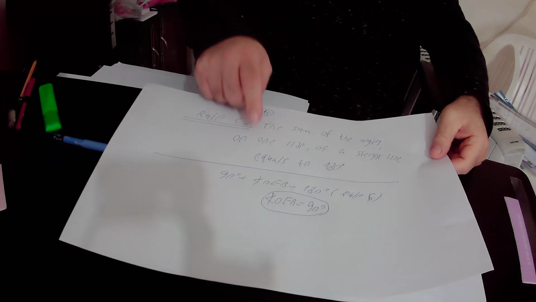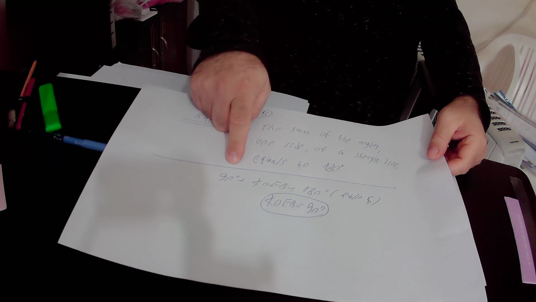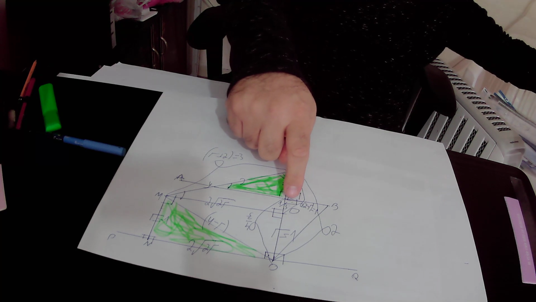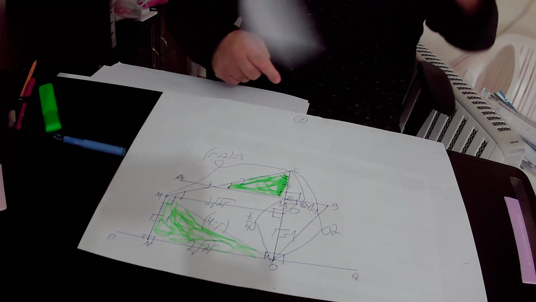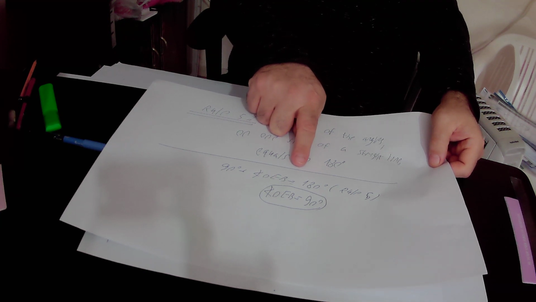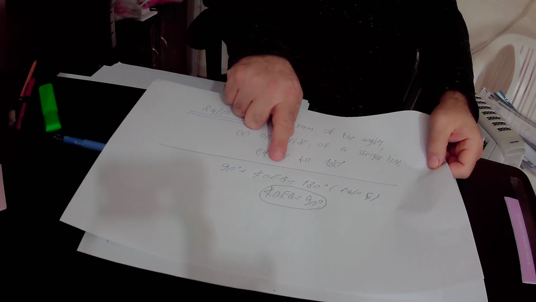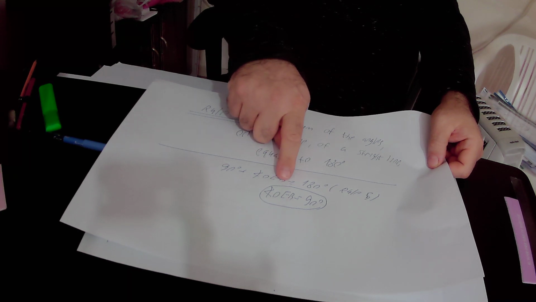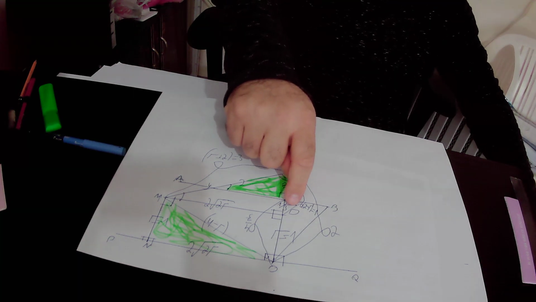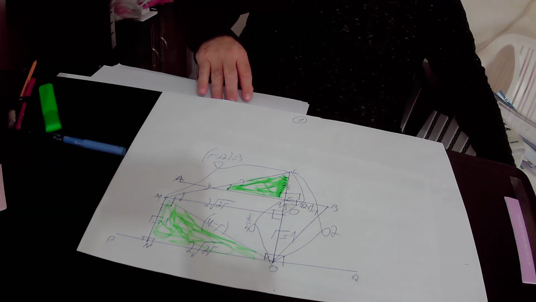We subtracted 90 degrees from this equality and we got that angle OEB equals 90 degrees. That is to say, this angle is a right angle, it equals 90 degrees.